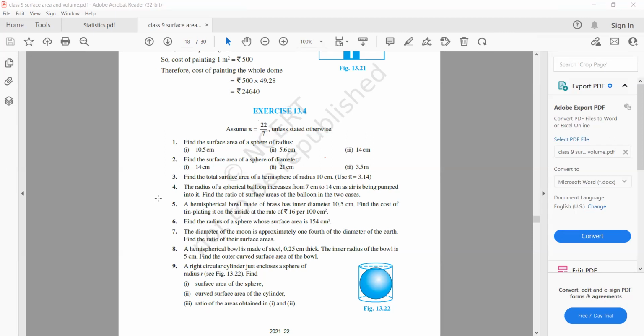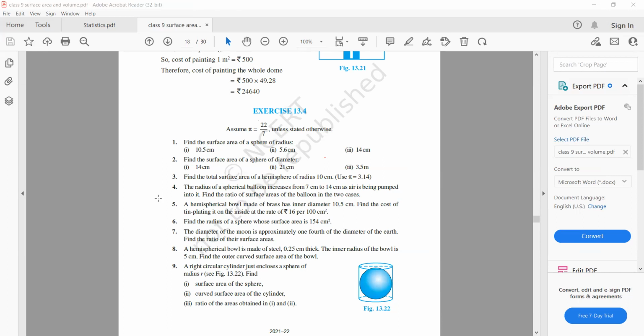Okay. So that means inner radius will be 10.5 divided by 2 centimeter. You can leave it like this or you can divide if you wish. So it will become 5.25 centimeter. Okay.